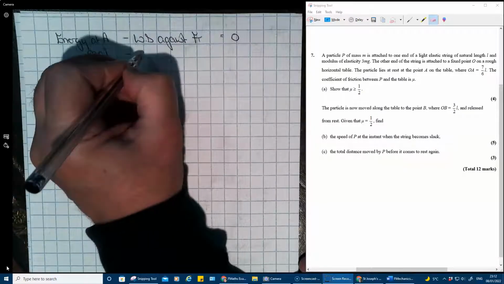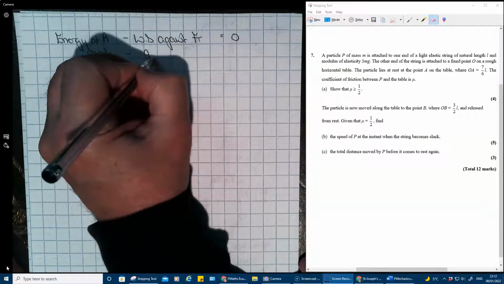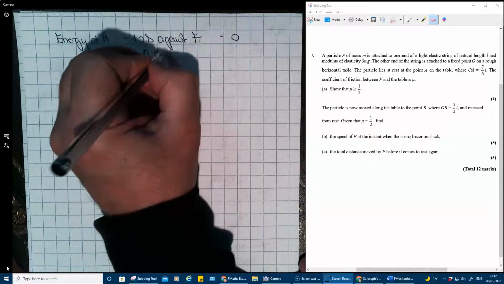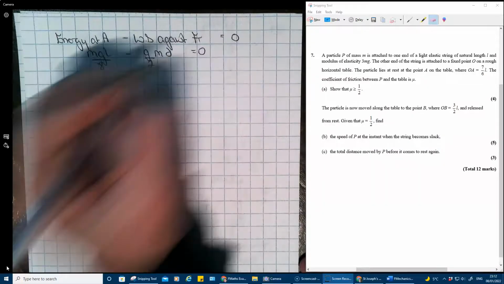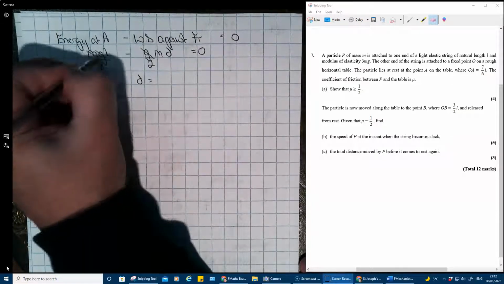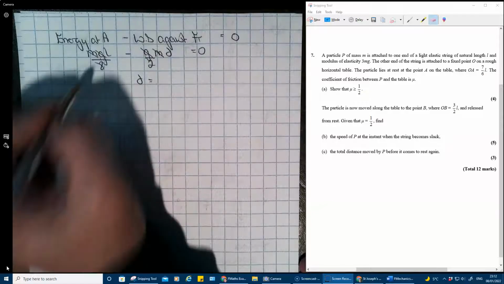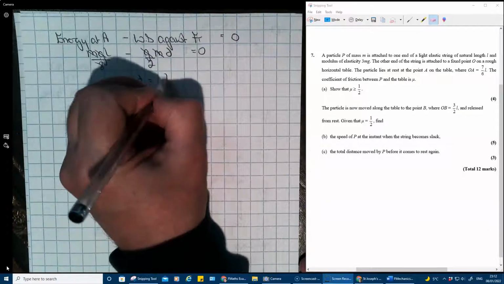We know work done against friction is half gm times the distance it's going to travel, equals 0. Rearrange that: the g's will cancel, the m's will cancel, times by 2, so we get L over 4.